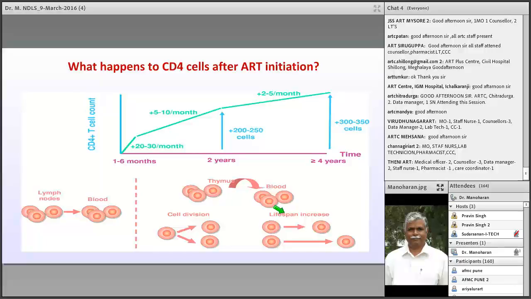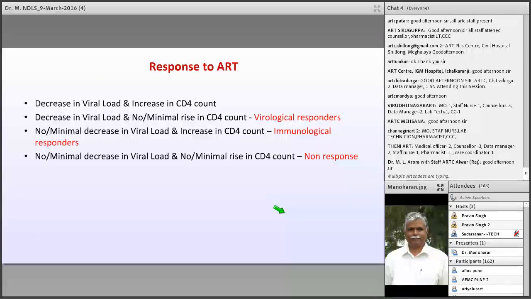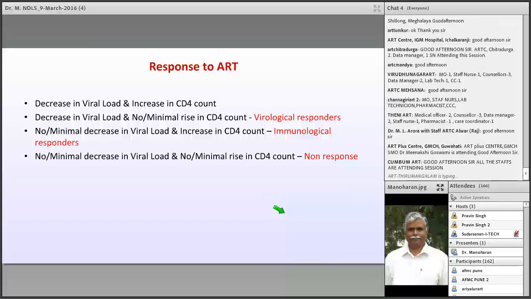So this is very basic, and this is a very important slide to know what happens when ART is started in an HIV positive patient. Then let us see what are the responses we get to antiretroviral drugs.